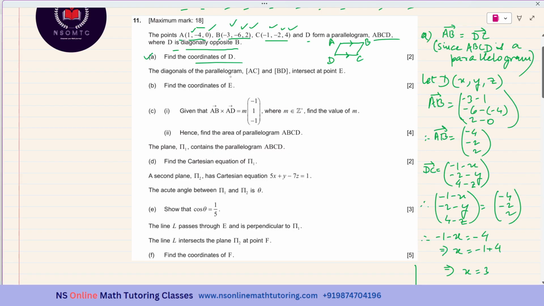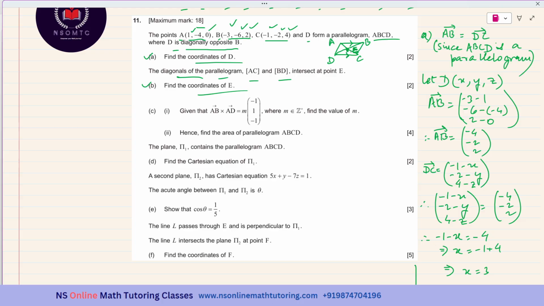The diagonals of the parallelogram, AC and BD, intersect at point E. This is not C, this is E. So part b's question is find the coordinates of the point E. Now we know that the diagonals of a parallelogram bisect each other.